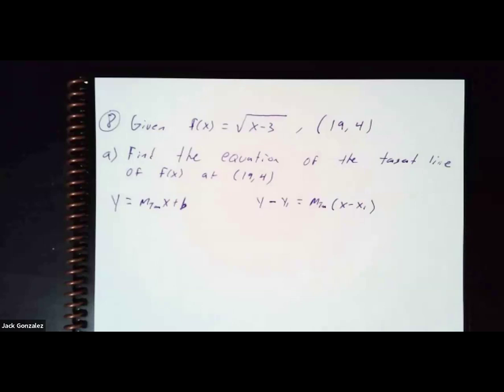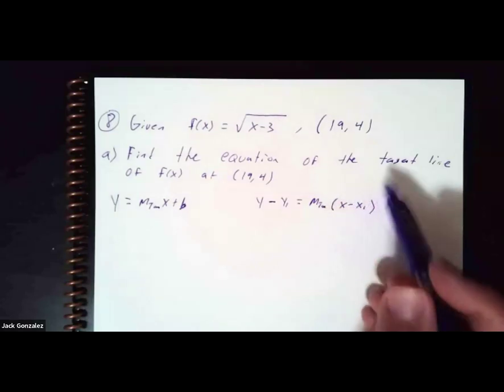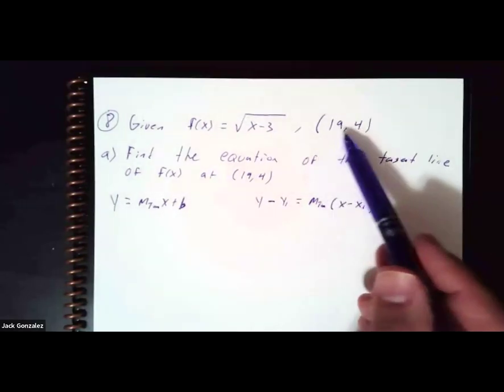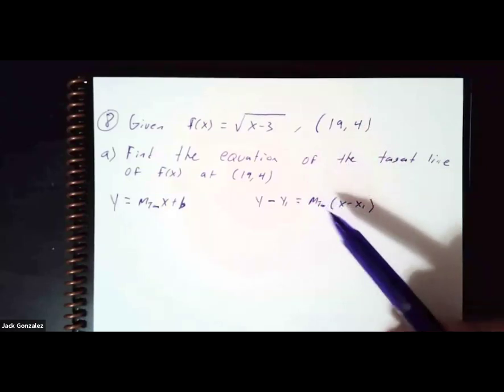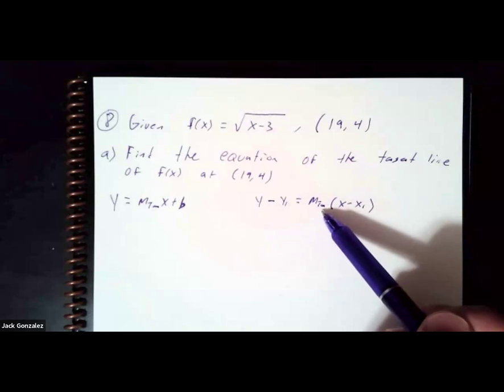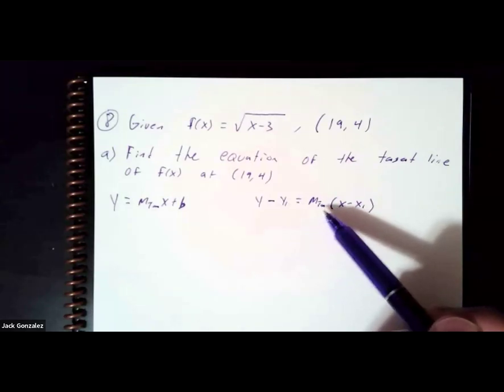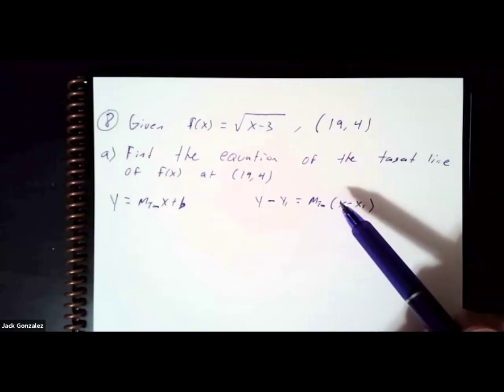It's the same concepts we've done before. The only thing is finding this m requires a derivative. We already have x1, y1, right there. So using this is no big deal. Getting the m tangent is the most annoying part because we're using the limit rule, which is the long way.